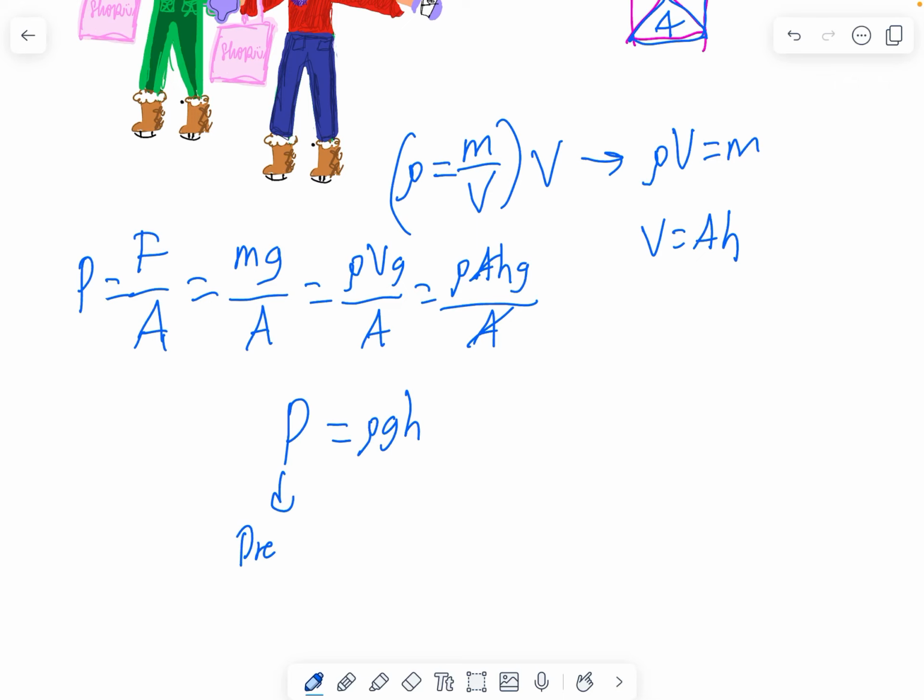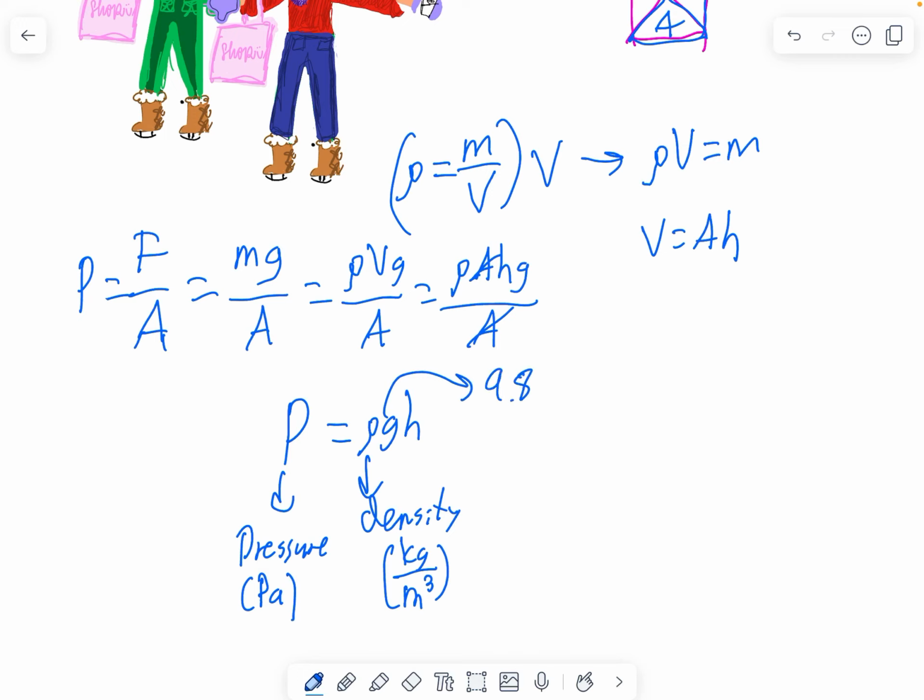So pressure, you're going to make sure you're using pascals. This is density. The units for density are mass per volume, so mass is kilograms and volume is cubic meters. This g is the same g we've been using, acceleration due to gravity, 9.8 meters per second squared.